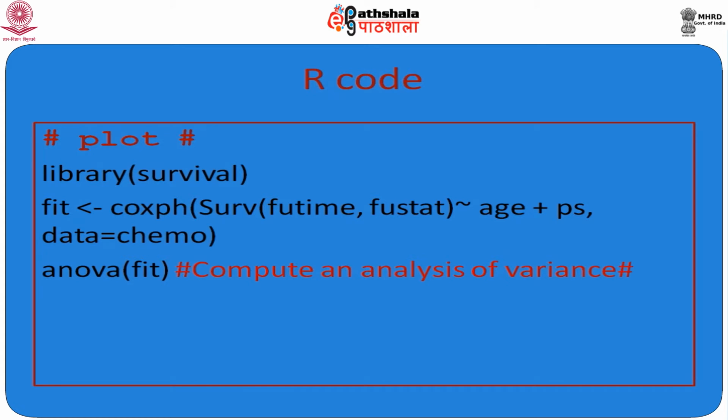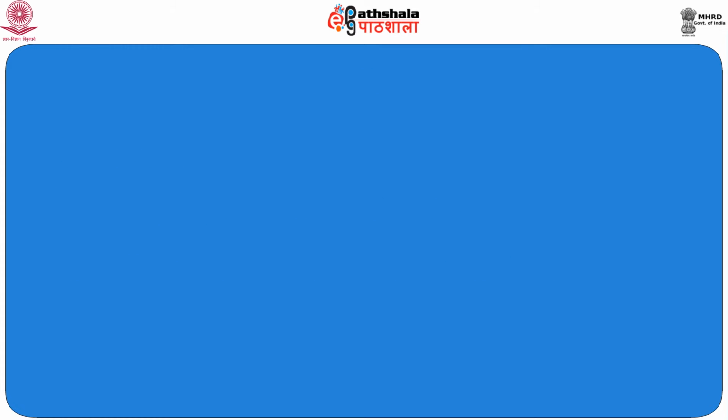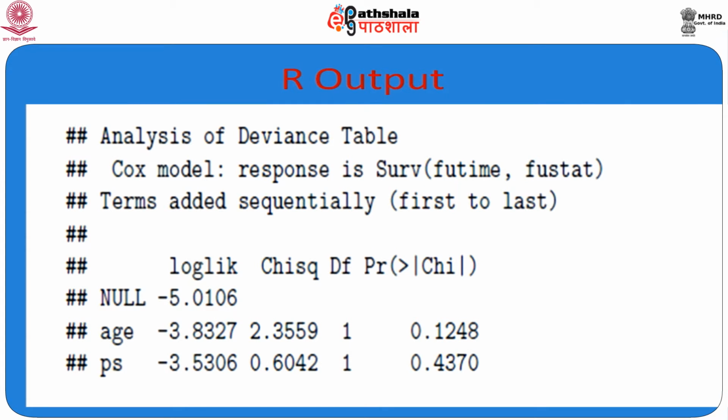Now we will see ANOVA with fit, that is we want to check whether any group-wise difference is there or not, and that can be done by putting the ANOVA model on that. And to see that we will go for the next output, and that shows that age-wise no significant difference has been observed, and performance score-wise no significant difference is observed.